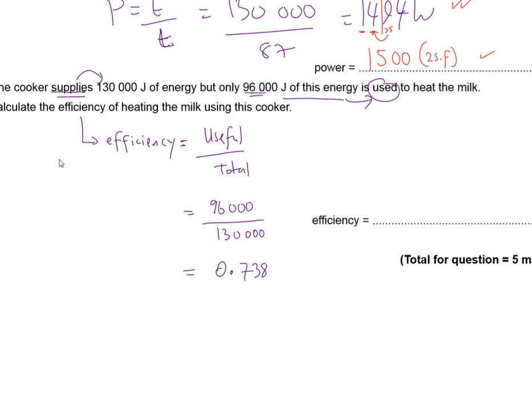If we want this in percentage, fair enough. You can leave it in this form or in this form. The question doesn't say which form to leave it in, so it's up to you. Nice one.